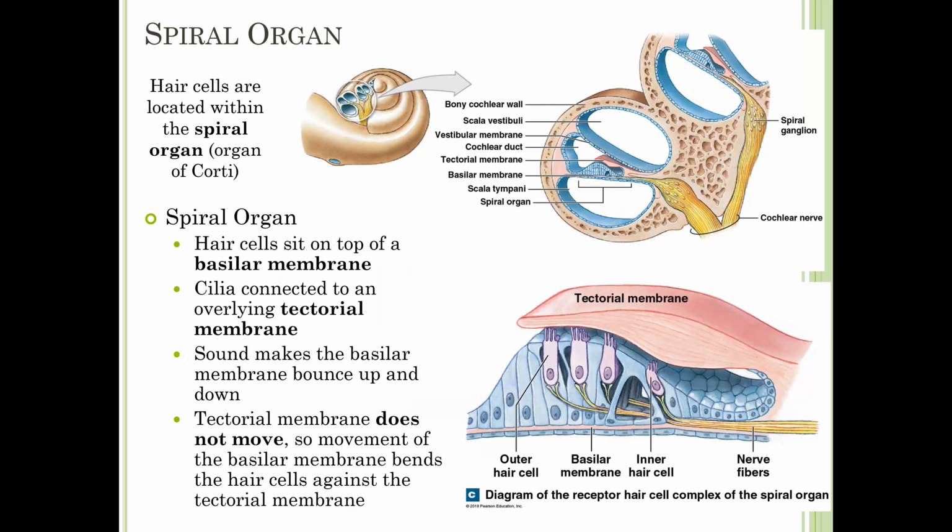And remember from before, anytime you bend cilia on hair cells, it causes the opening of ion channels, which causes a graded receptor potential, which can lead to an action potential. So it's the same mechanism that we saw with the equilibrium, only this time the cause of the hair cells bending is the movement of the basilar membrane pushing those cilia up against the tectorial membrane.